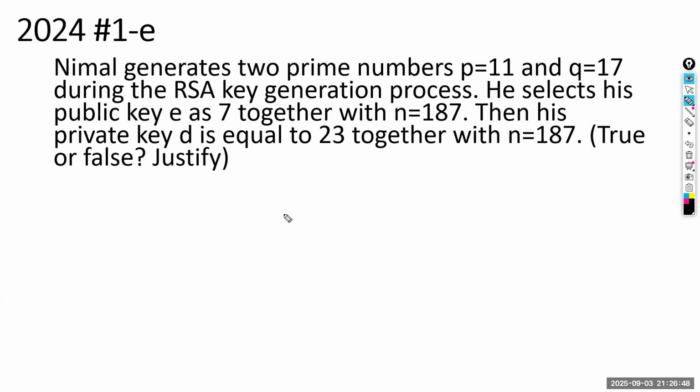Nimal generates two prime numbers, P equal 11 and Q equal 17. This is a little bit difficult because you start from an earlier step. During the RSA key generation process, he selected his public key E as 7. Remember this is encryption, decryption.